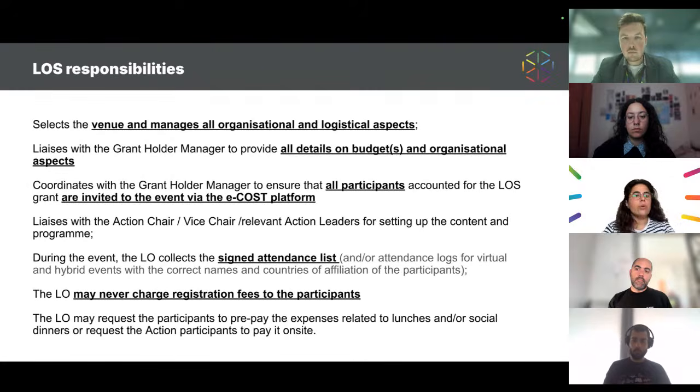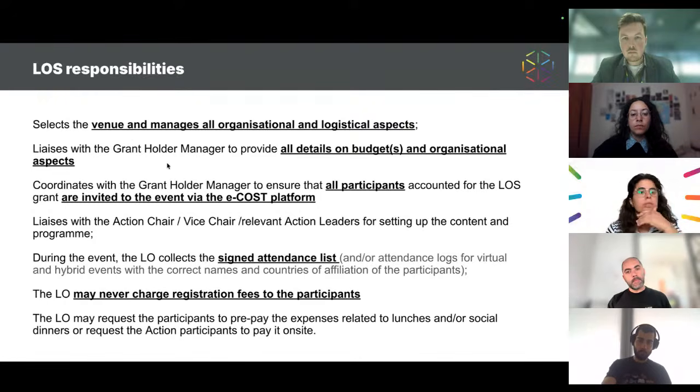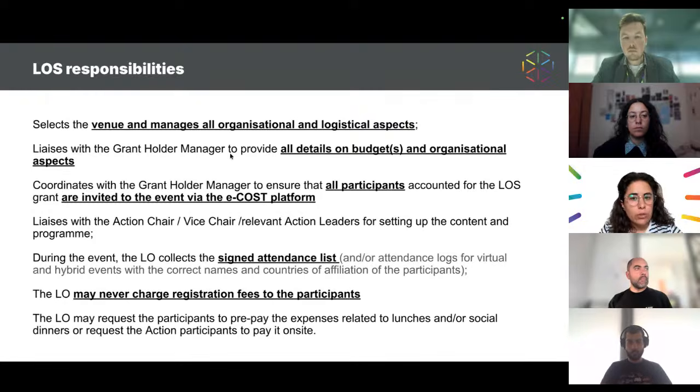For the local organizer responsibilities, if you are a local organizer, these are some of the things that you should think about. What is the venue? What are the organizational and logistical aspects that you should think about? You will connect with our grant holder manager to provide details about the budget and organizational aspects.